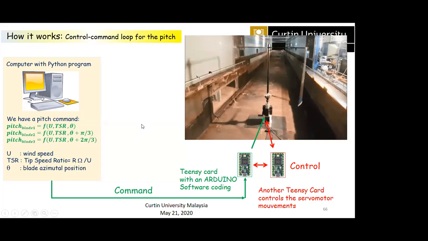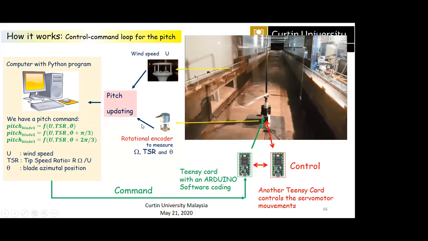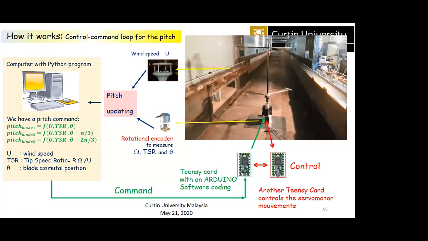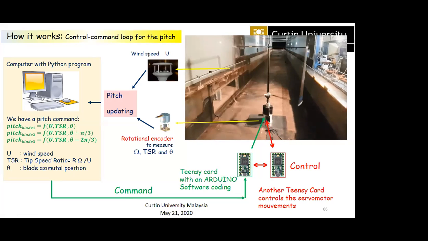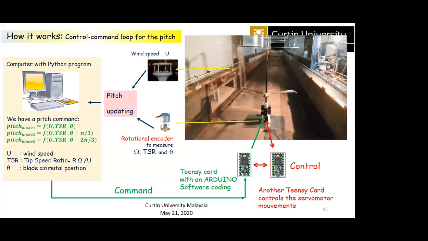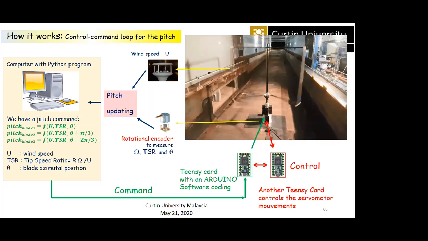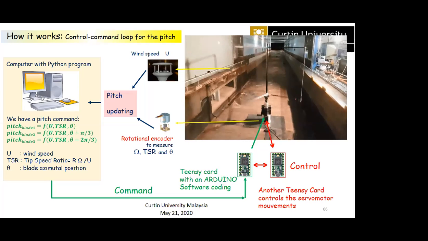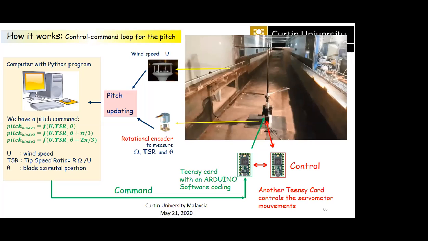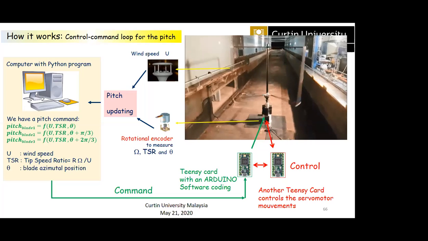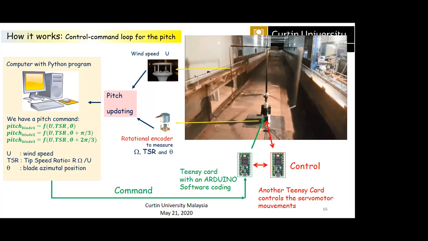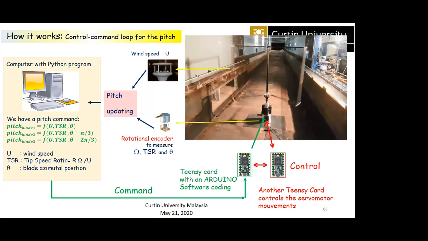And then we went to the next level, where we wanted to implement the TSR effect, meaning the rotational effect in combination with the incoming wind speed, in the pitch control servo motor. So what we did was install some sensors for velocity measurements and some sensors for rotational measurements.